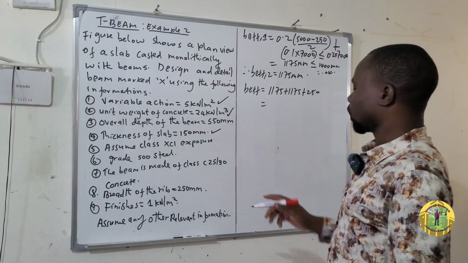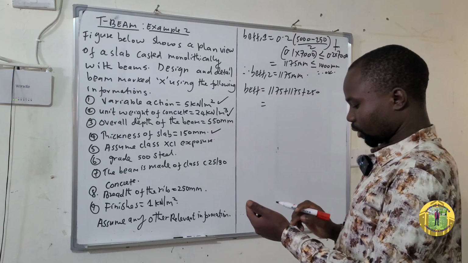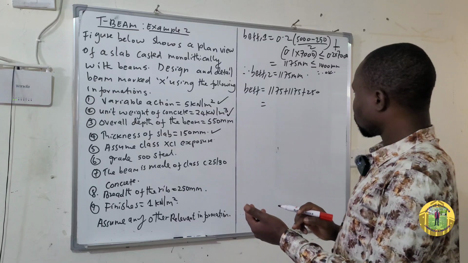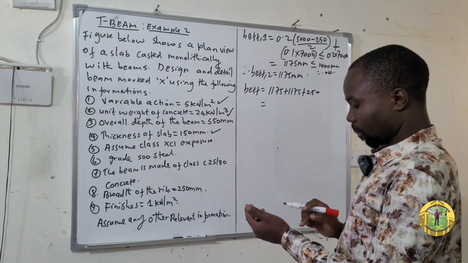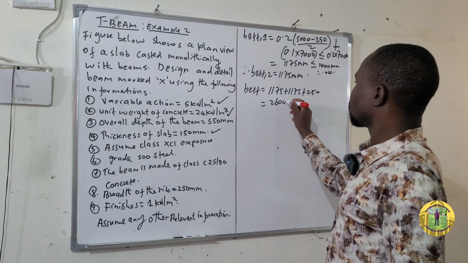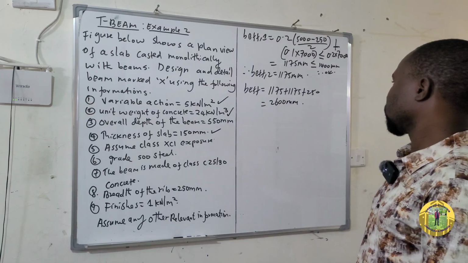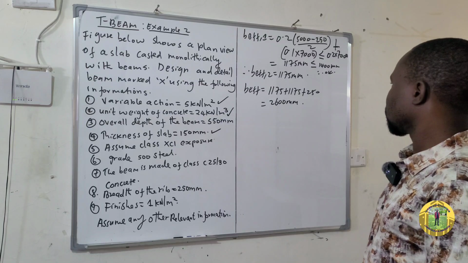So this one will give us 1175 times 2 plus 250. So this is 2600 millimeters. This is 2600 millimeters.